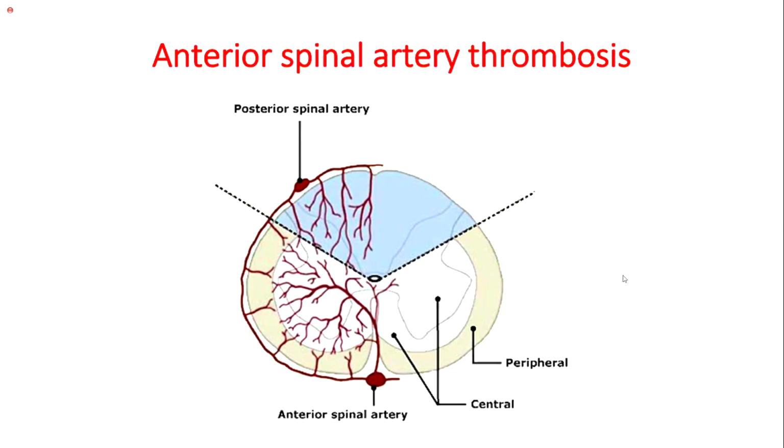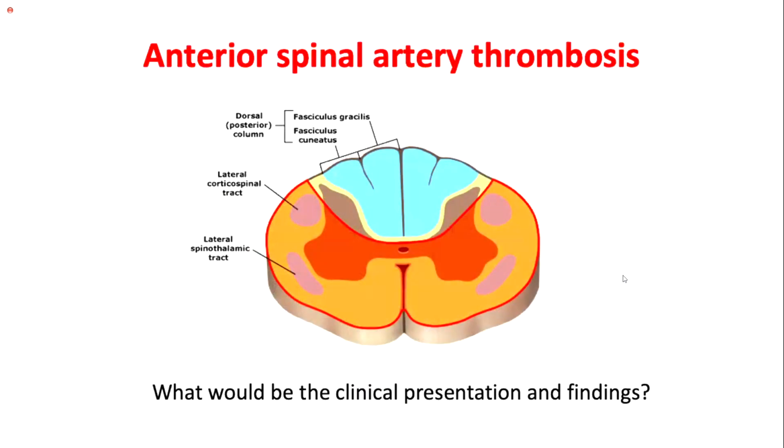So if you are going to say this is anterior spinal artery thrombosis, the onset needs to be sudden. Right. What are the neurological deficits in anterior spinal artery thrombosis? What would be the clinical presentation? If you remember your anatomy, here are the lateral corticospinal tracts, here are the lateral spinothalamic tracts. The corticospinal tracts are the ones that take your motor function, pyramidal fibers.